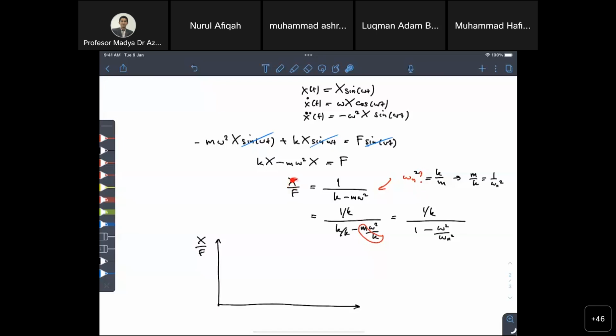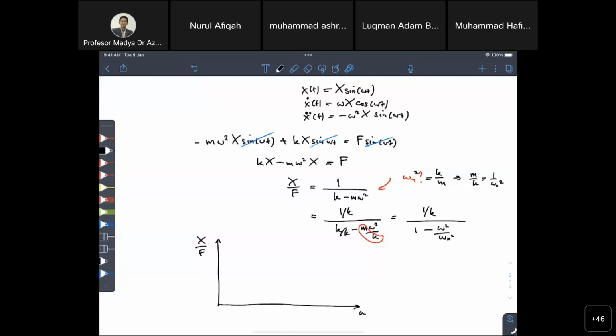So this tells us the vibration amplitude per unit force, like millimeter per Newton. If we give 1 Newton, what happens to the amplitude of vibration? So the unit of amplitude over unit of force.